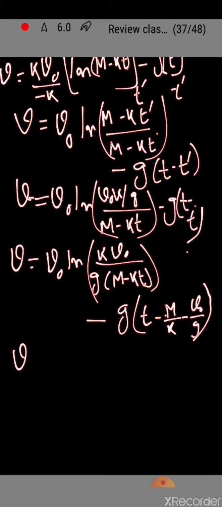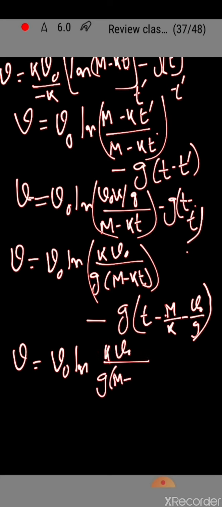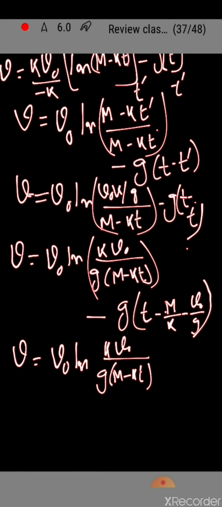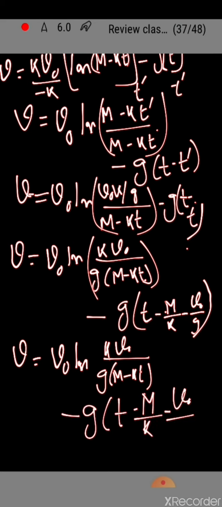So v is equal to v naught ln of k v naught by g times m minus kt, and minus g into t minus m by k minus v naught by g.